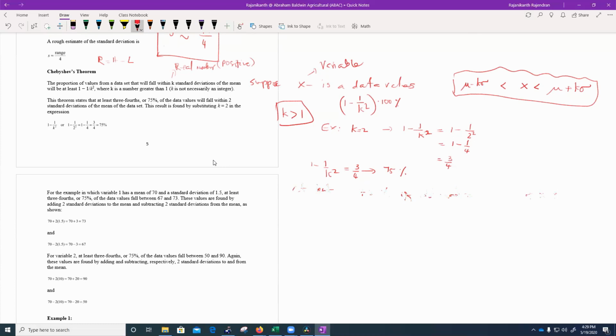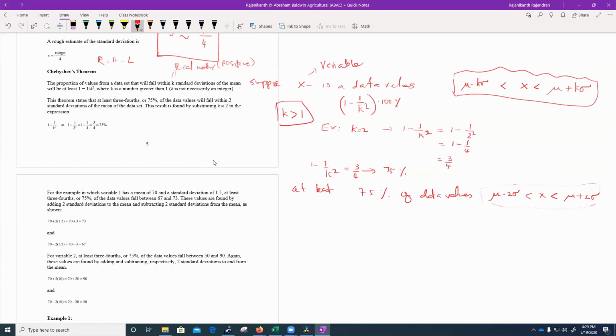Remember, mu and the standard deviation come from your data set. Suppose you know mu and sigma, then you could find this many data values which fall between mu minus 2 sigma and mu plus 2 sigma. This is kind of theoretical.